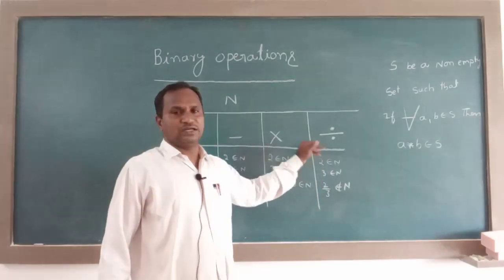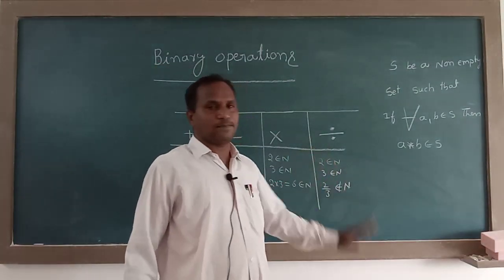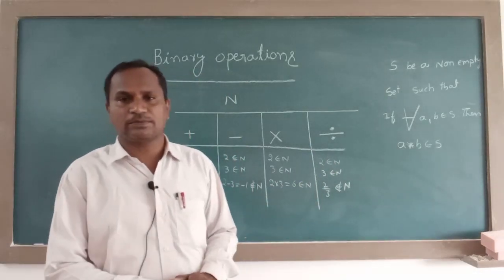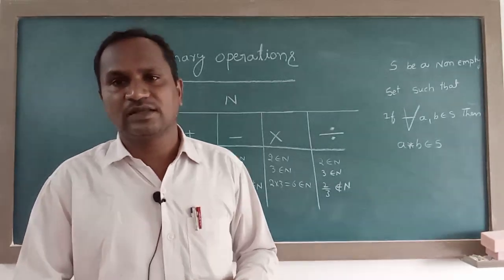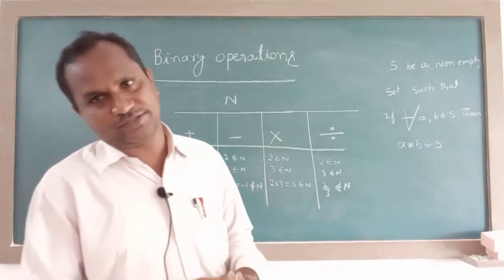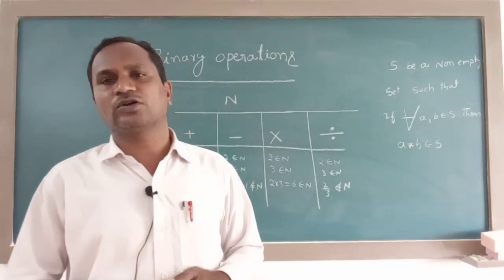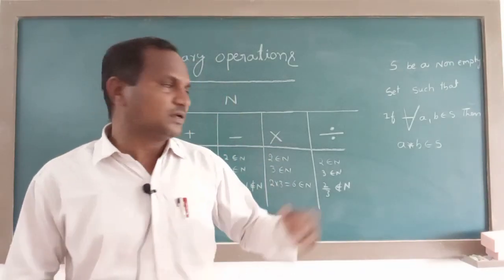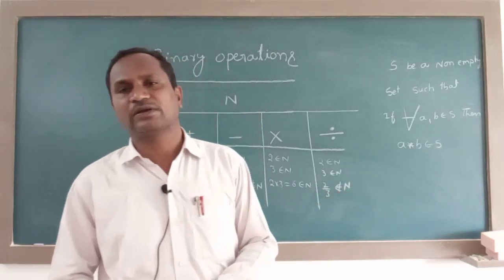See, in the case of division for the set of natural numbers, let 2 belong to capital N, 3 belong to capital N. Then you can take the division 2 by 3. 2 by 3 means 0 point something will come. But numbers like those do not belong to the set of natural numbers. That's what I represented with the symbol 'does not belong to capital N'.